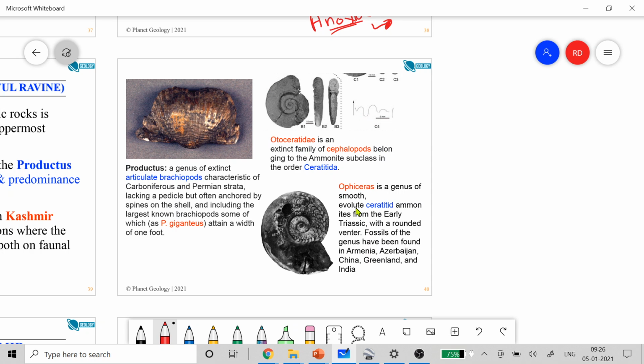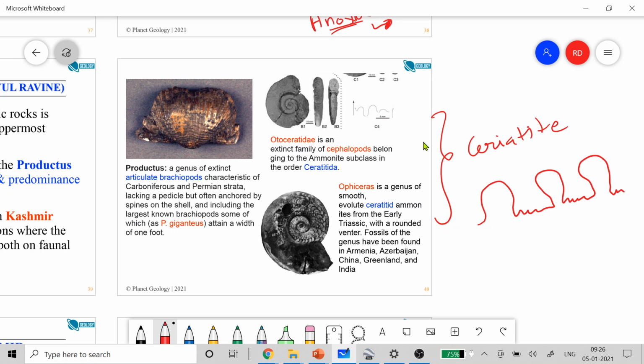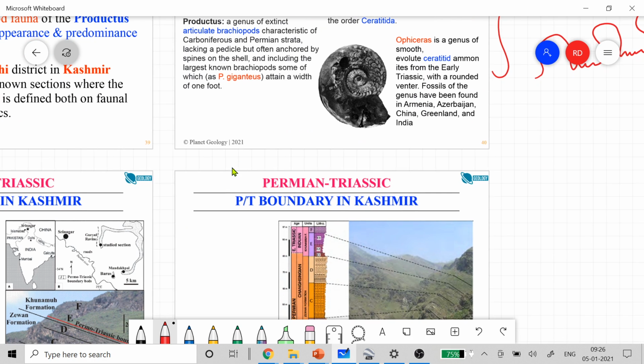Otoceras and Ophiceras usually have what we call ceratitic type sutures. You remember ceratitic looks something like this, the ceratitic type of suture. So you see these ceratitic cephalopods on top of these rocks which are rich in brachiopod fossils or bearing Productus.